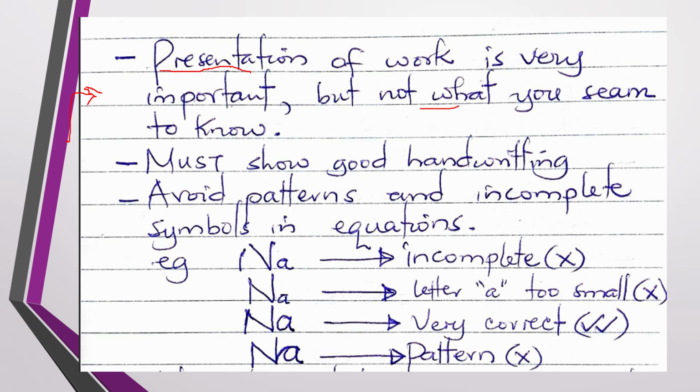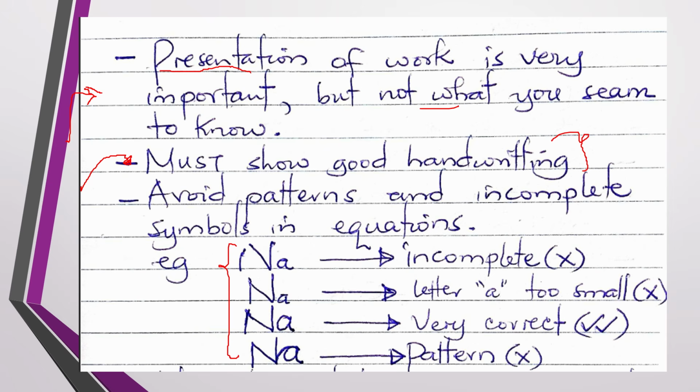The other point is that you must show good handwriting, especially when writing equations. Last year there were a lot of penalties for symbols in chemical equations written by different students in the country. If your handwriting is not good enough and you write any of these symbols improperly, you are not going to qualify for any mark concerning equations.